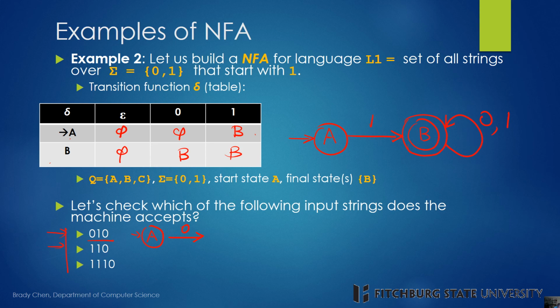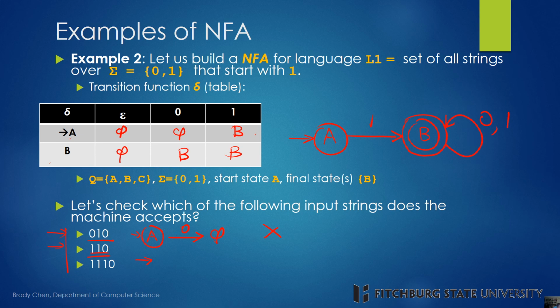If the starting state is A and the input is 0, it goes nowhere. So it's lost. It doesn't matter what the next follow-up input is. It just goes nowhere. So we reject this one.